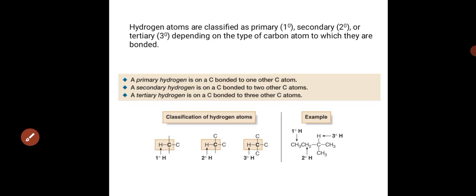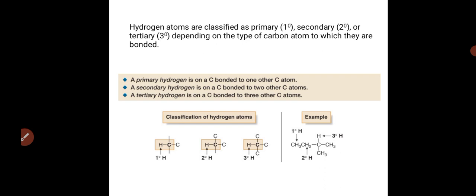Then, hydrogen atoms are also classified as primary, secondary, or tertiary depending on the type of carbon atom to which they are bonded. The primary hydrogen is one attached to a carbon that is attached to only one other carbon.